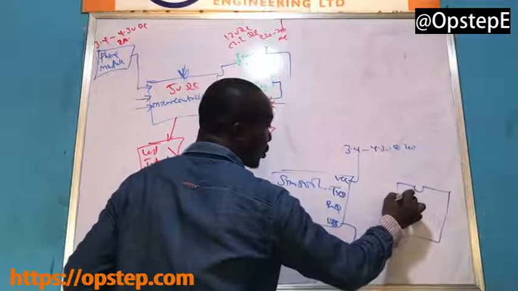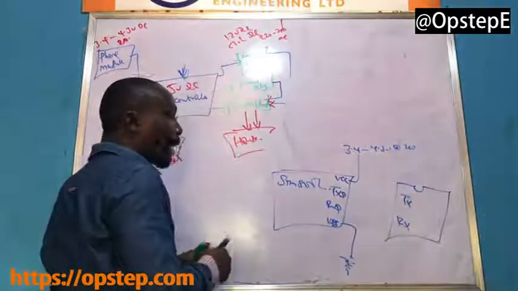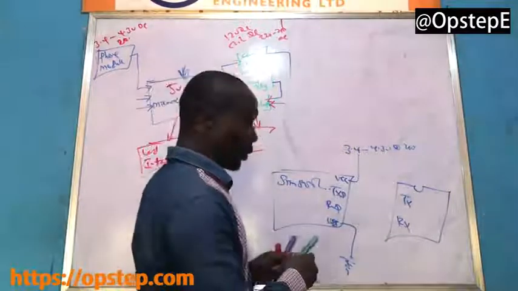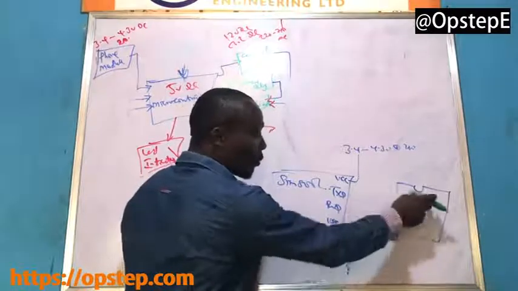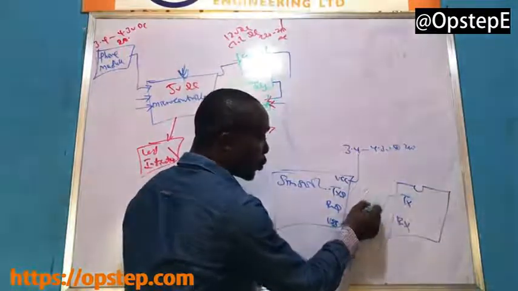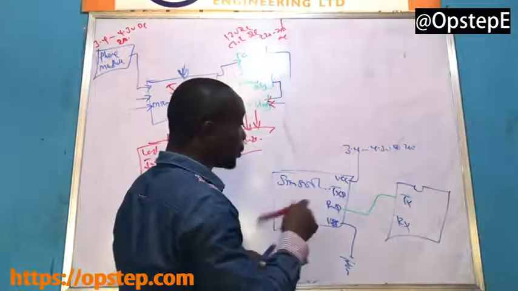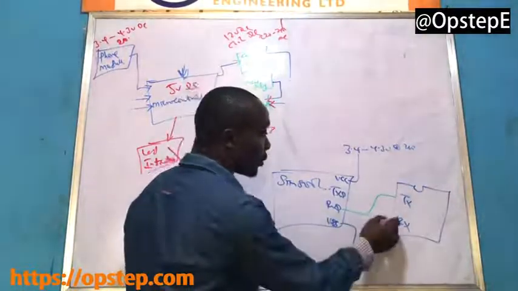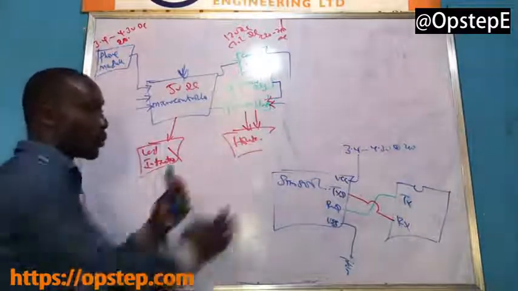The transmit of the microcontroller will go to the receive of this one, while the receive of this one goes to the transmit of this one. Does it make sense? That's how they go.